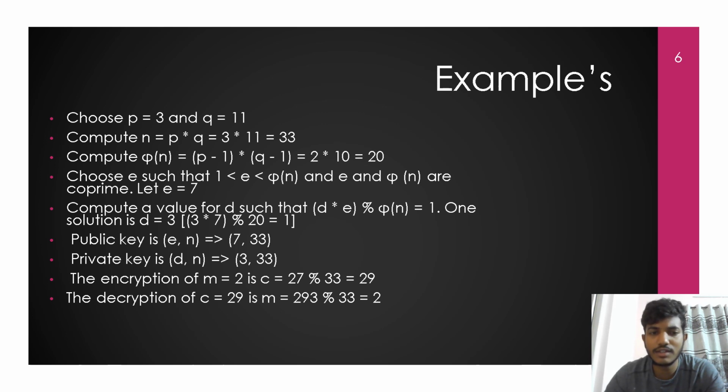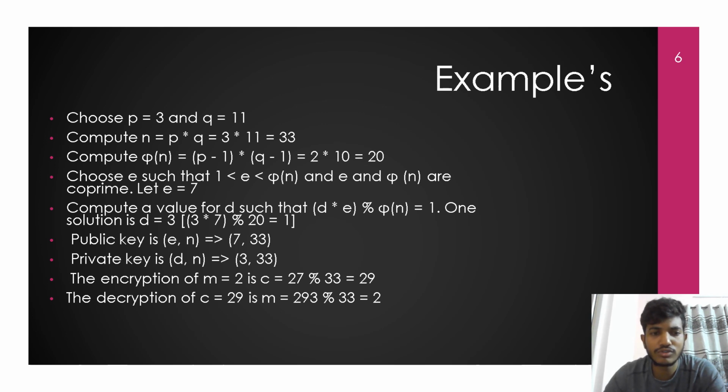We have calculated n, and we know the prime numbers 3 and 11. Now we compute phi of n, which is p minus 1 into q minus 1. P is 3, so 3 minus 1 is 2, and q is 11, so 11 minus 1 is 10. 2 into 10 is 20.